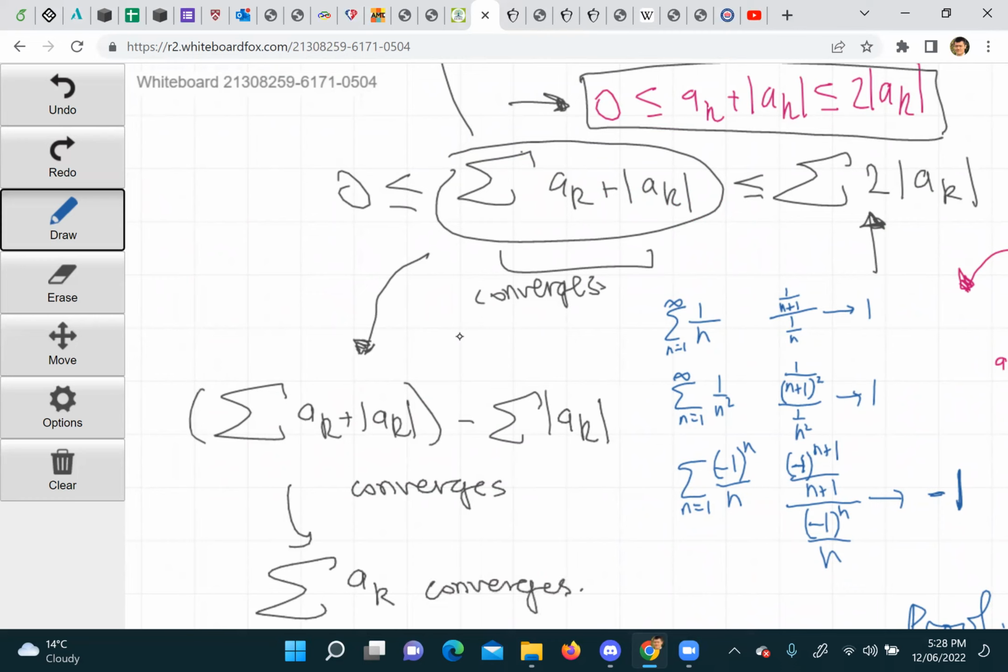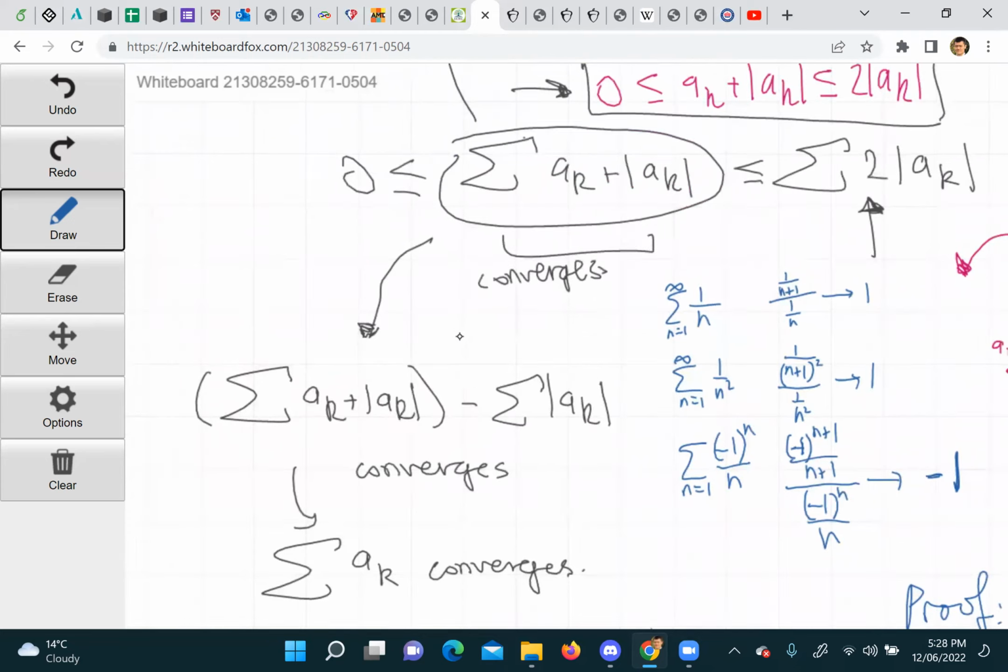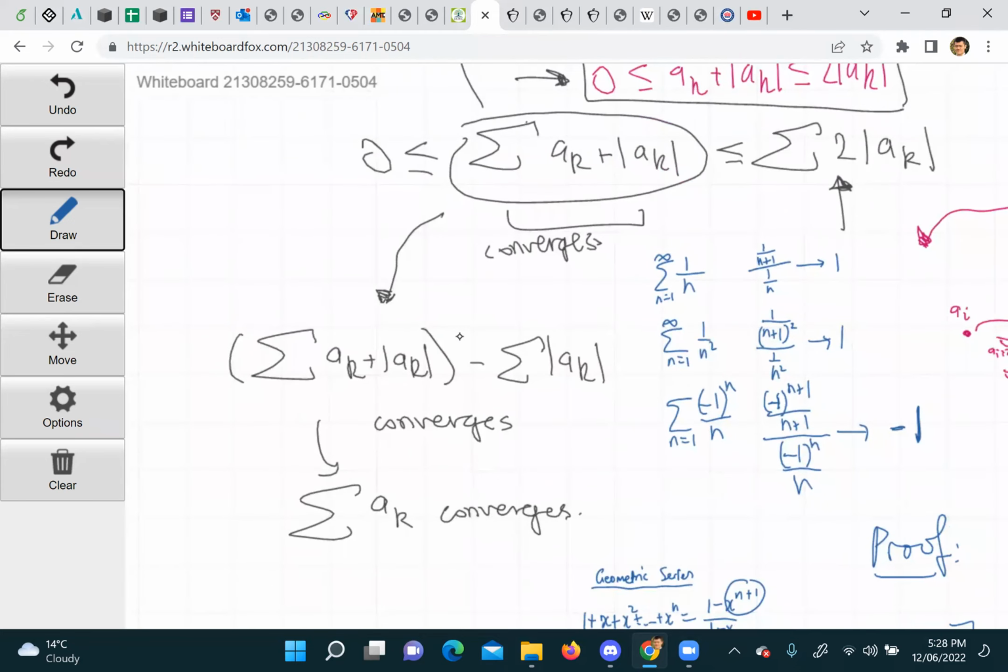That's a little bit tricky, but there are the limit laws. So we know that this converges and that converges, so the difference converges. The difference is just that original thing.